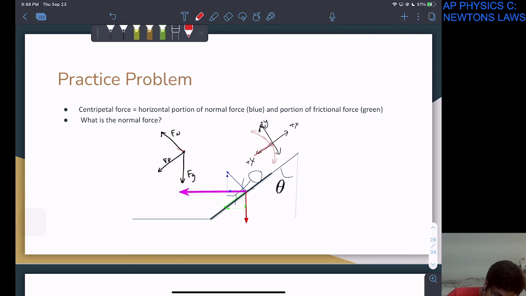So Fn will look like this vector plus this vector, Fnx and Fny, and Fg will have a vector here plus a vector here, Fgx and Fgy. If you add up these two vectors, you end up getting Fg, so we're good. And same thing here. So what are the forces pointing inwards? Well, I see gravity is one, and I also see a frictional force.